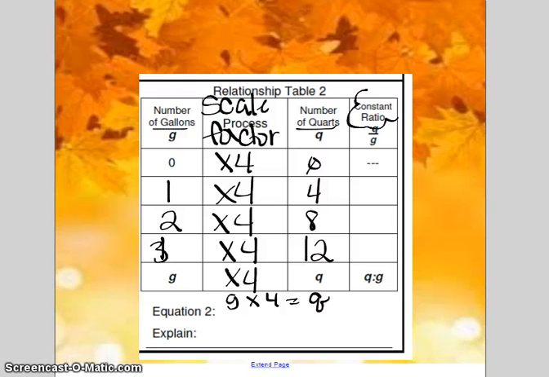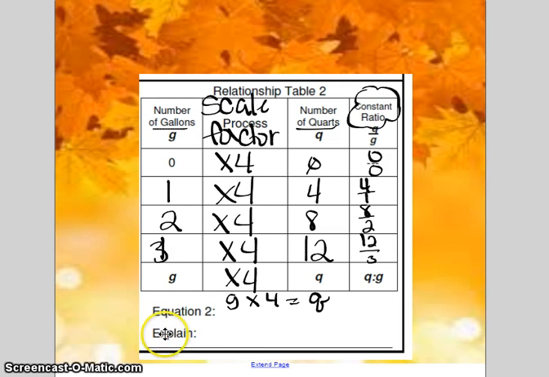Now I'm going to look at my constant ratio. My constant ratio is quarts to gallons. So I have 0 quarts to 0 gallons. I have 4 to 1, 8 to 2, and 12 to 3. Now here where it says to explain, what you're going to do is you're going to scratch that out.